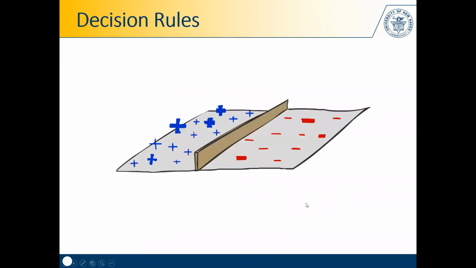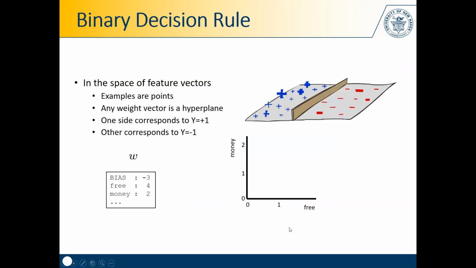Very well. Now, let's talk about decision rules. How do we decide on the boundary between positive samples and negative samples? In other words, how do we decide between samples that belong to the positive class and the samples that belong to the negative class? Now, imagine the space of feature vectors.